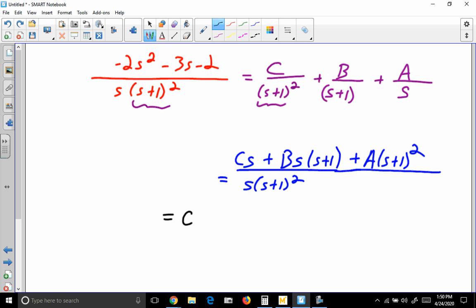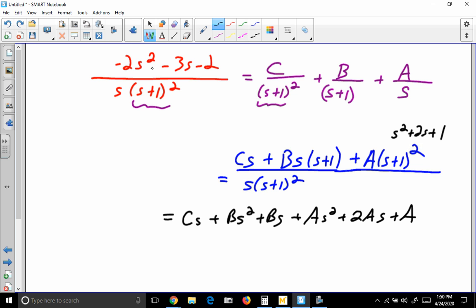So we have a cs, we have a bs squared plus a bs. If we square that, we would have s squared plus 2s plus 1. So we would have an as squared, a 2as, and an a.